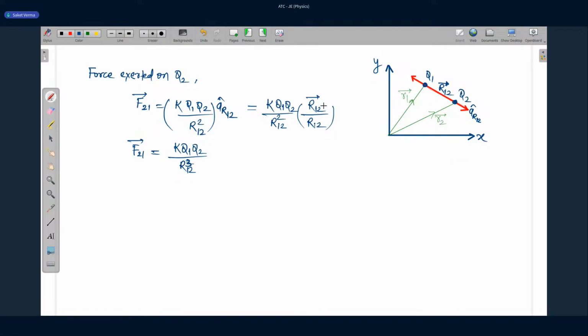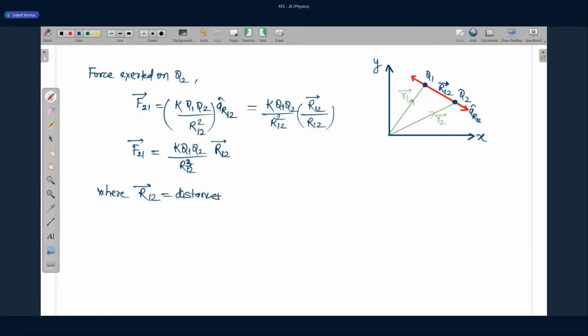And what about this r12? This r12 is nothing but the displacement vector, which depends on from which point to which point you are going. According to that you have to write.